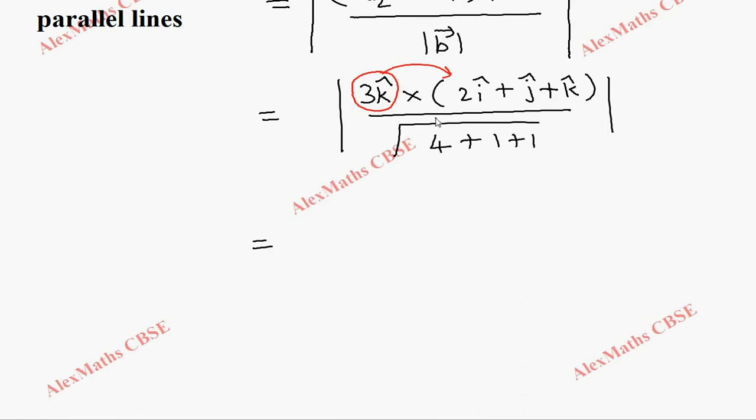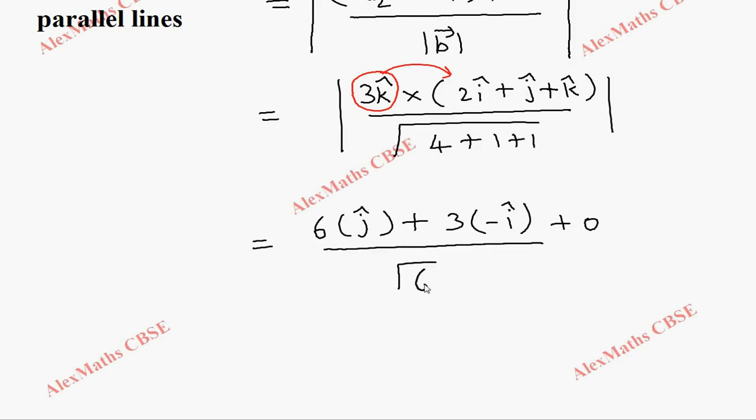Now 3 2s are 6, and k cross i is j cap. Then 3 1s are 3, and k cross j is minus i cap, and the last is k cross k, which is 0. Now in the denominator we have root 6 and we have the magnitude like this.